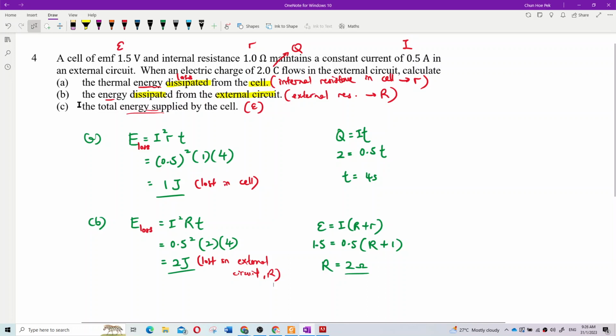So now, can you calculate the total energy supplied? Of course, it's supplied for these two energies, right? So it's 3 joule.